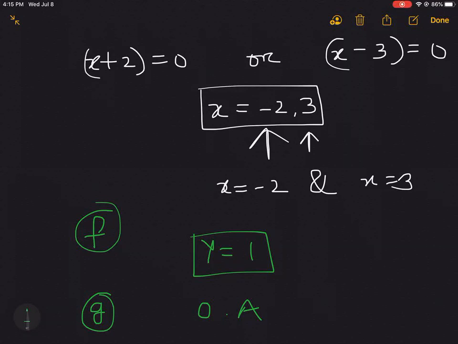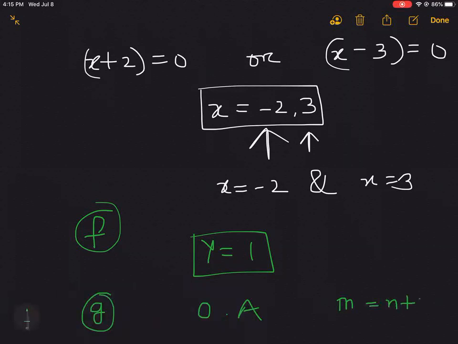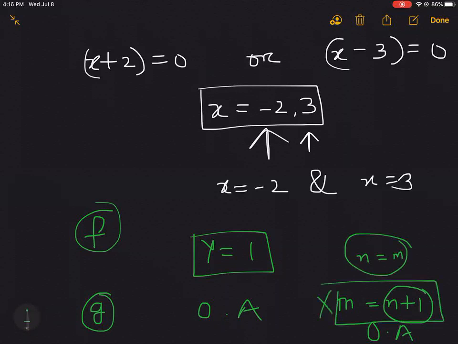Okay, so again, the idea is if m is one more than n, that means if the degree of the numerator is just one more than the degree of the denominator, then you'll have an oblique asymptote. On this occasion, n is equal to m, so that's not the case. So we'll say there will be no oblique asymptote. Does this make sense?